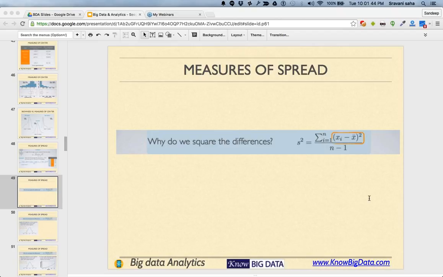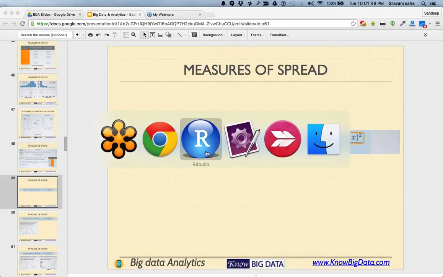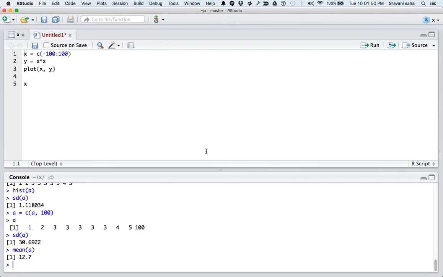Anusha, Mehdi? Why didn't we just sum it up by subtracting? What will happen if, instead of squaring, we just subtracted the two values and then summed it up?